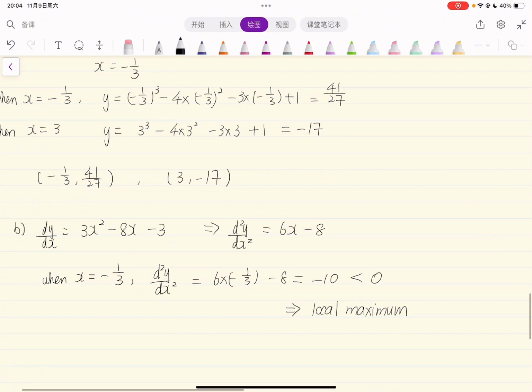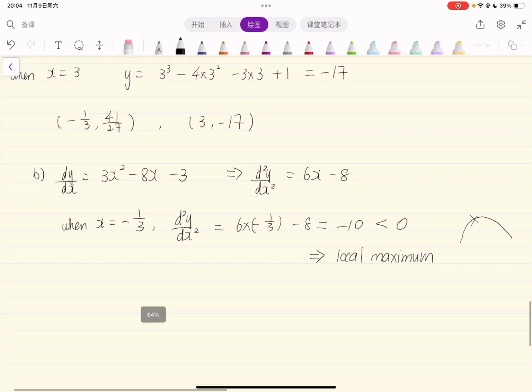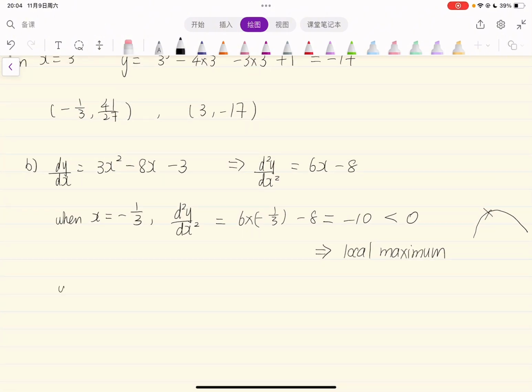We can imagine that the curve looks like that around this point. The second point is when x equals 3. At this point, the second derivative equals 6 times 3 minus 8, which equals 10. That is greater than 0.